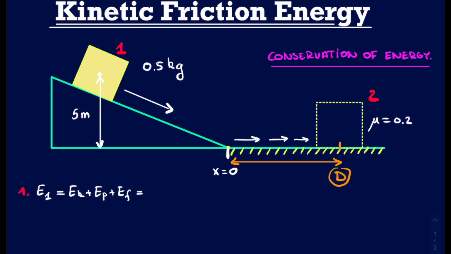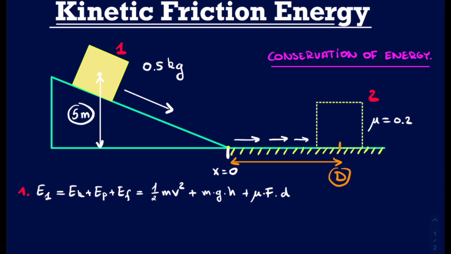Now this is equal to 1/2 times the mass times the velocity squared for the kinetic energy, plus m times g times h for the potential energy, with m being the mass, g the gravitational constant, and h this height above the ground, plus mu times F times d, which is the frictional energy.